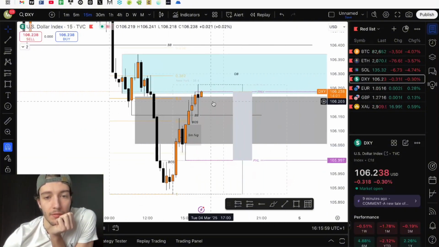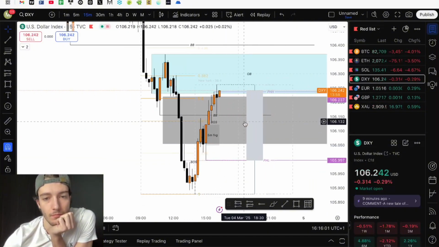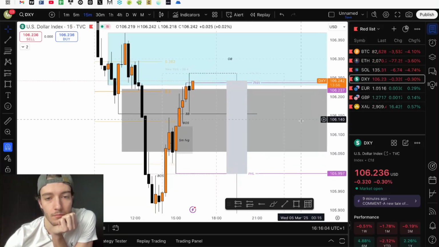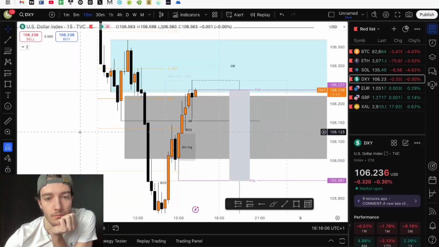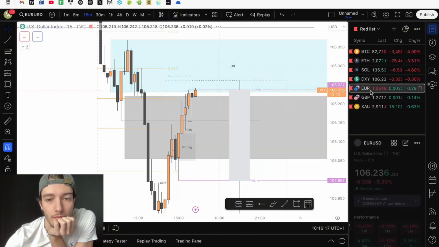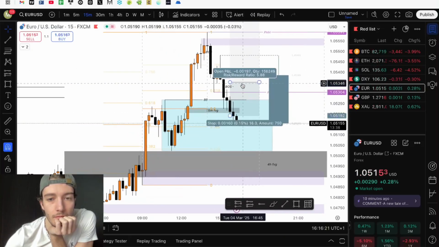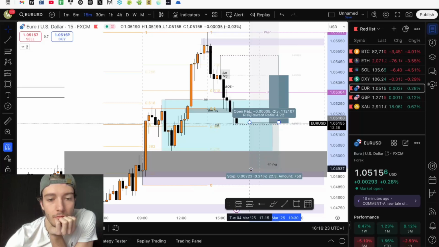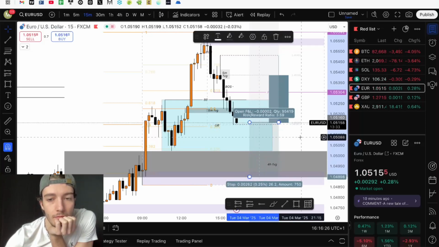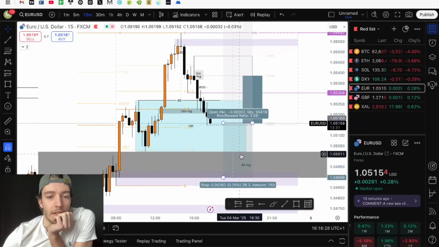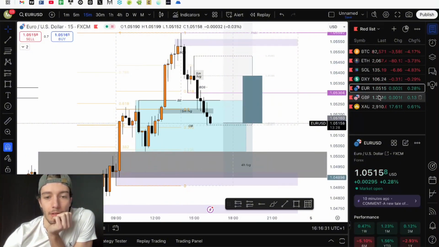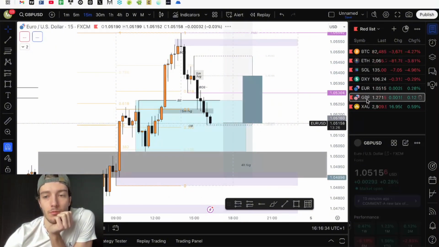We closed the bearish 50-minute candle though. Euro likely also wants to sweep this low, tap into the 4-hour gap, maybe even come to London lows.